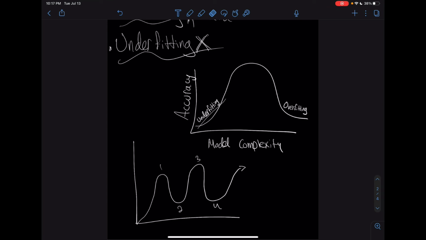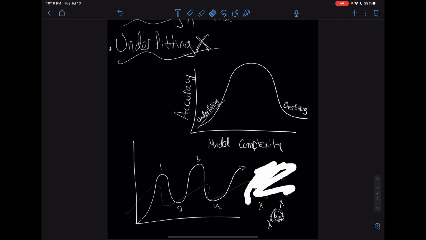We could say that this graph, if we drew the entire thing, might be x squared or x cubed, x to the fourth, x to the fifth, x to the sixth. And the higher this number is right here, the more squiggly lines we see. Okay?